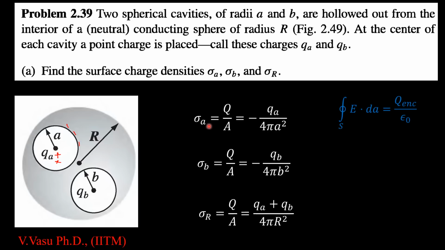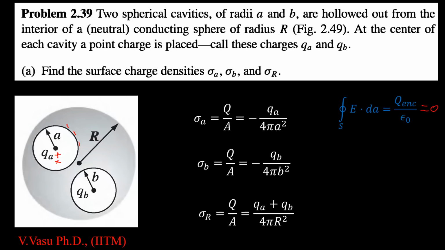So sigma a is the induced charge at the surface, which is minus Qa, opposite to Qa, divided by 4 pi a squared. We know that in a metal, the electric field inside is equal to 0.